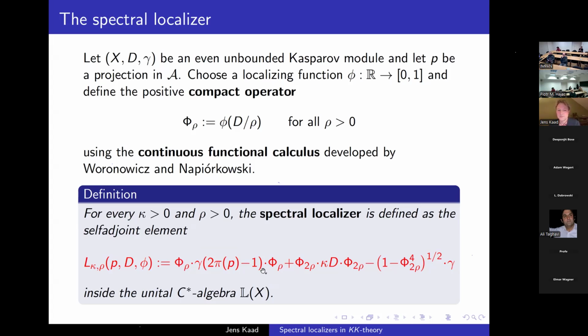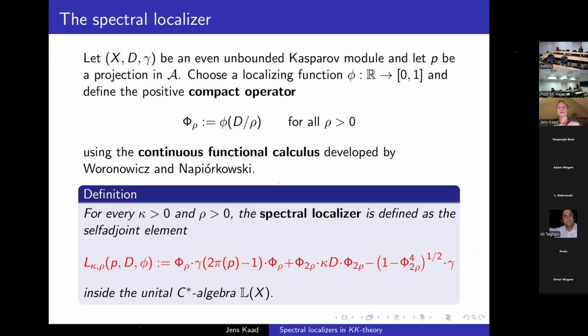So then this term is 0. And phi 2 rho is also compact, so this term is also 0. But the last term here, phi 2 rho is 0 modulo compact operators. So what I have here is just minus the grading operator. So you see here that modulo compact operators, the spectral localizer is equal to minus the grading operator.